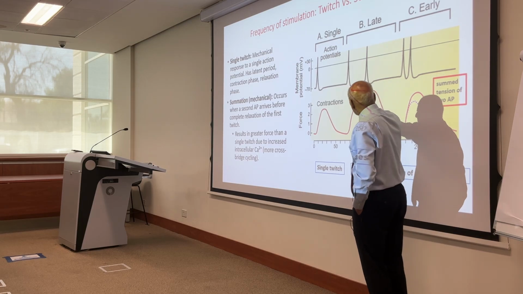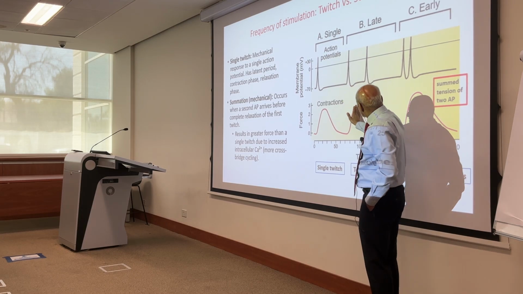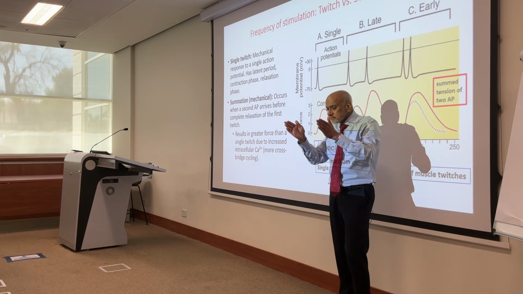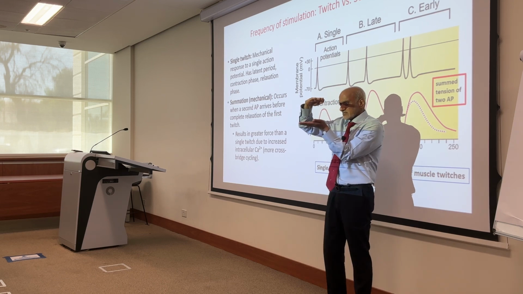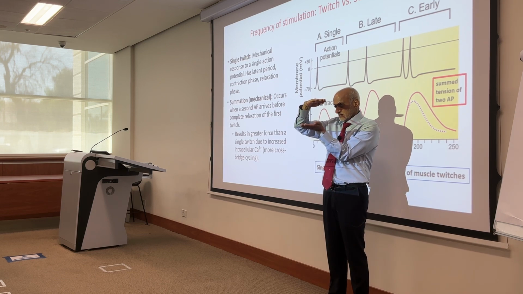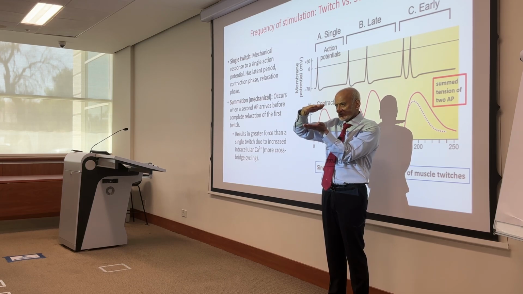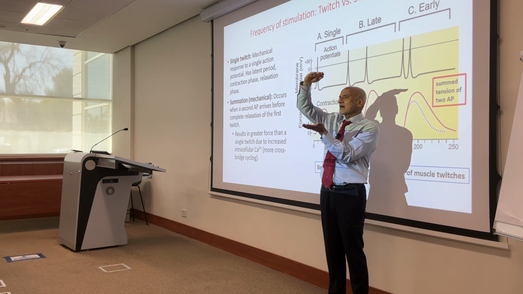Why is this happening? Because this first contraction released a certain amount of calcium. Now that calcium is being pumped back into the sarcoplasmic reticulum to cause the relaxation. It's coming down, down, down. Then you get another action potential. What happens to the calcium? It bumps back up like this.